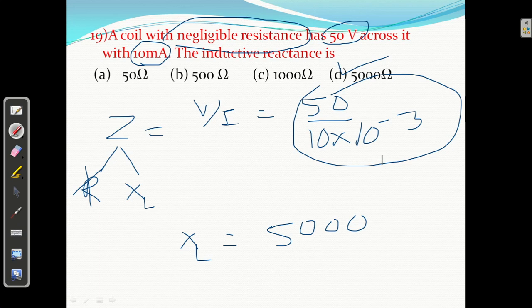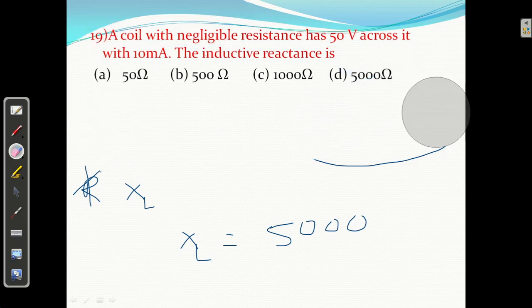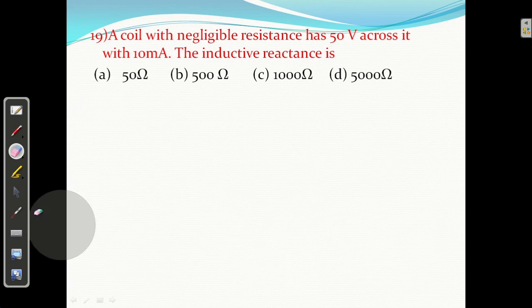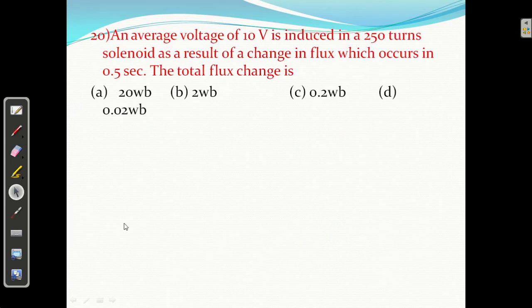Question 20. Average voltage of 10 volt is induced in a 250 turns solenoid as a result of change in flux, which occurs in 0.5 second.